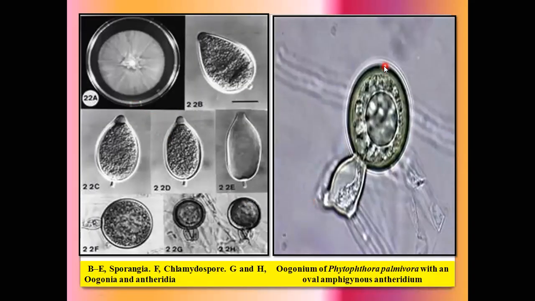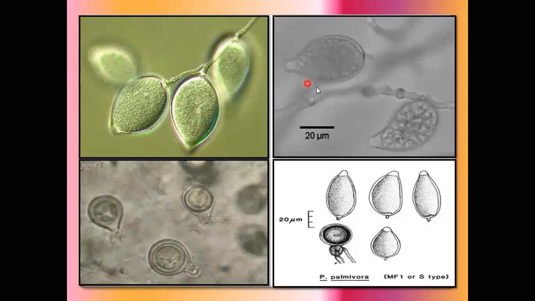You see the oogonium, with the oospore developed after the fusion of male and female gametes, and these are the papillate sporangia produced at the tip of the sporangiophore. This is another picture of the papillate sporangia produced at the tip of the sporangiophore.